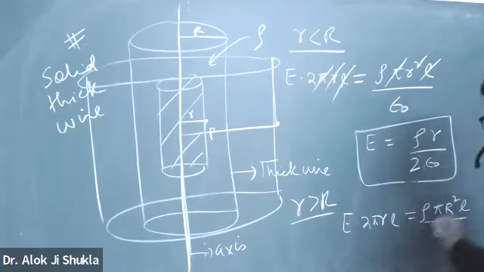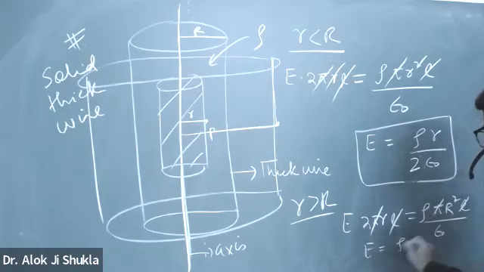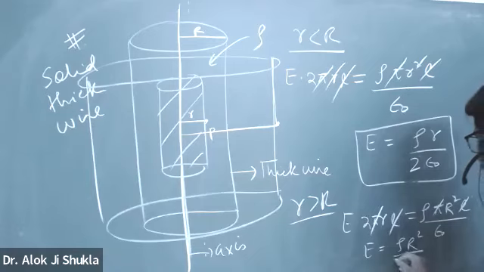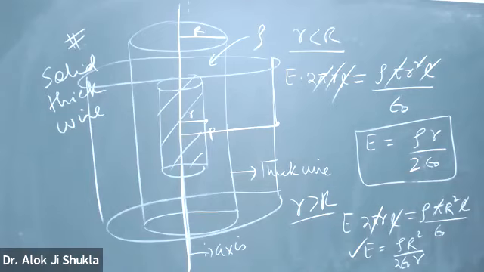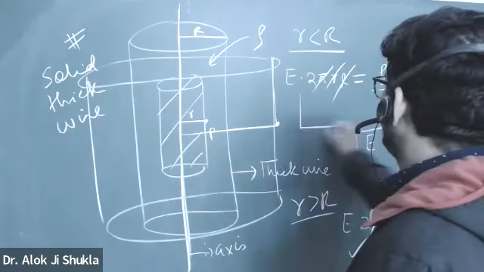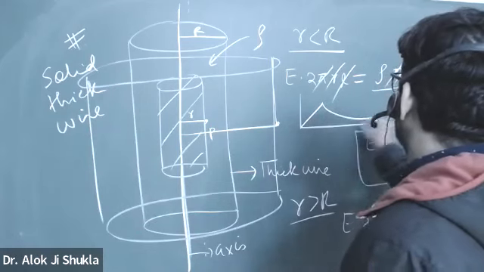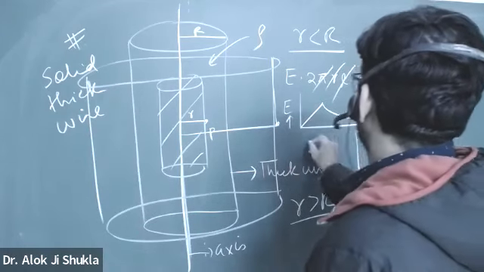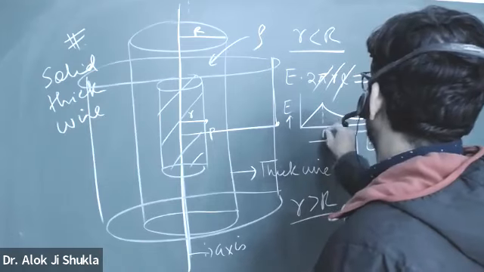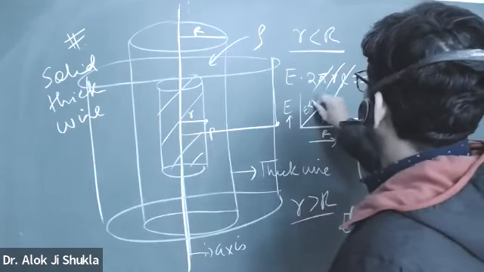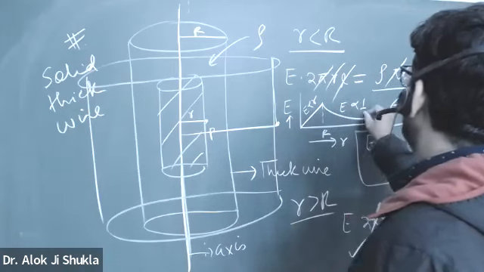So E will be equal to rho R square by 2 epsilon naught r. This will be outside. So in this case also, if you draw the field, it will increase inside and then decay outside, because here it is proportional to r and here it goes as 1 by r.